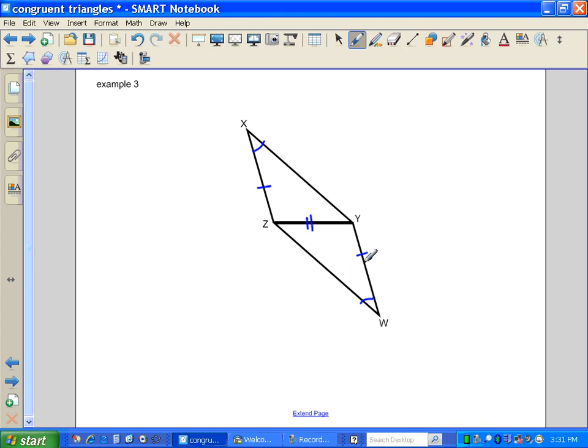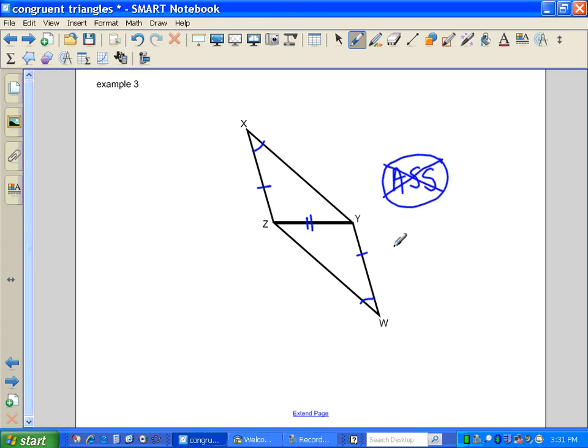So it looks like we have an angle and a side and a side, and an angle and a side and a side. So you're probably all trying to say that these two triangles are congruent by the angle, side, side theorem. But remember what we said, that this is not a theorem.